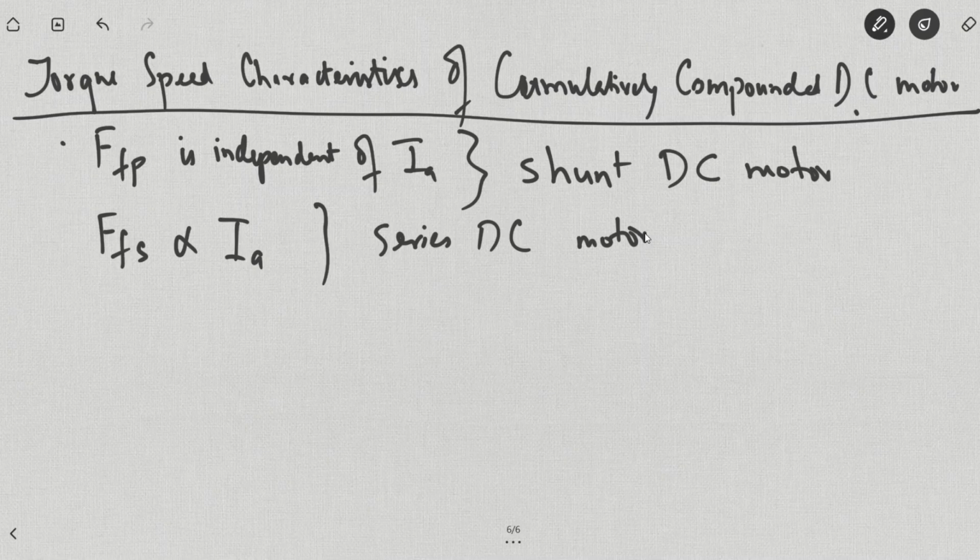Now in case of a compounded DC motor, both these two things are combined. So what does a cumulatively compounded DC motor do?